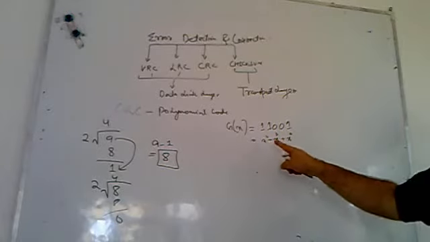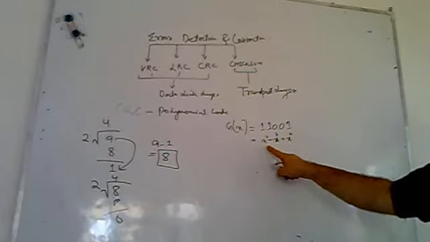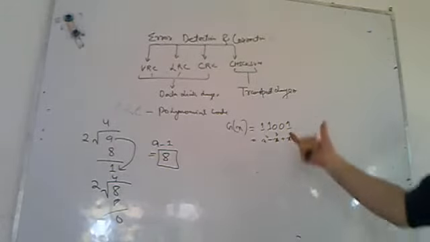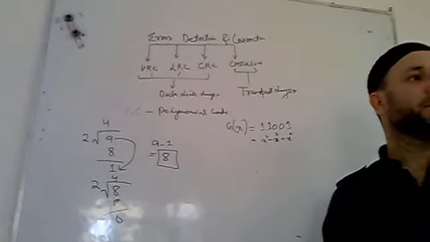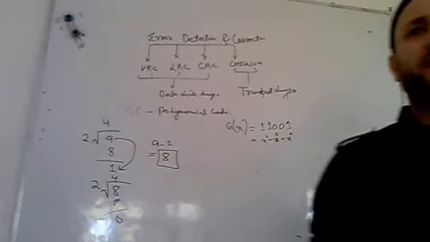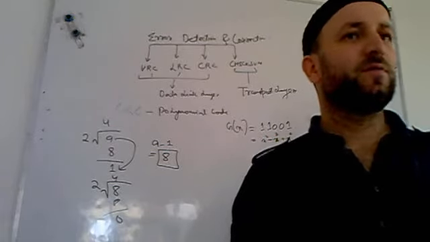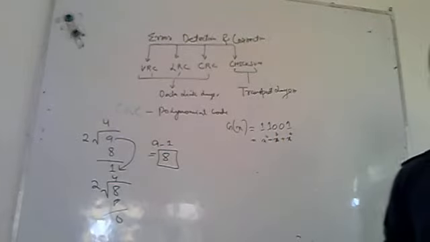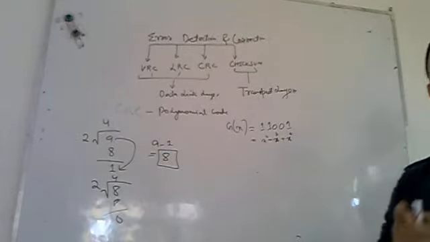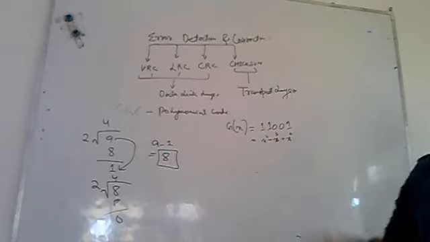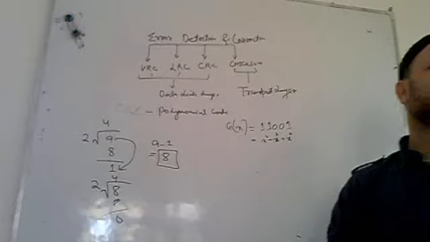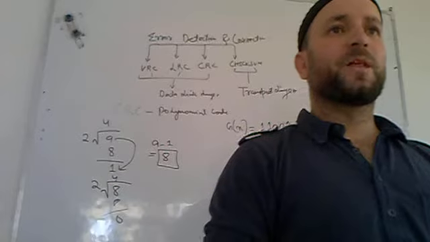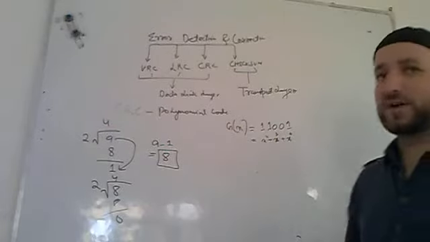Now the second thing is, I have to divide my data with this. But maybe my data is not 5 bits. My data is only 2 or 3 bits, something lesser than the generator polynomial. Will it not create a problem? Yes, it will. So what I do in the second step is add zeros, equal to the degree of g of x, at the end of my data. Adding zeros at the end will not do anything to my data, but it will make it bigger than g of x.